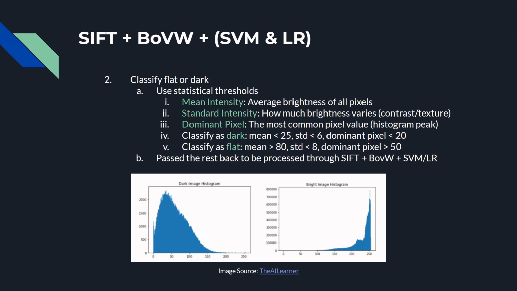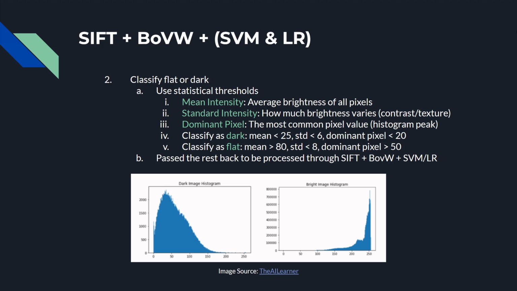For statistical thresholds, we use the mean intensity, which is the average brightness of all pixels. We also use the standard intensity, which is how much brightness varies, like the contrast and the texture of the image, and also the dominant pixel, which is the most common pixel value in the histogram, which is the highest peak on the histogram.